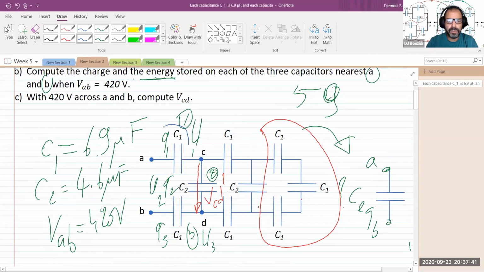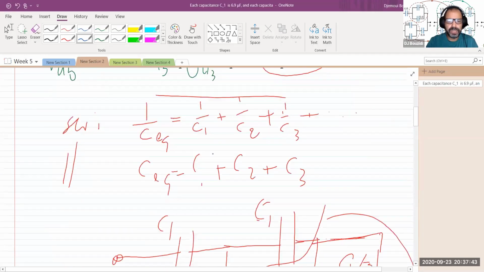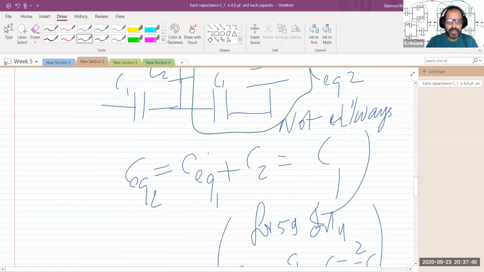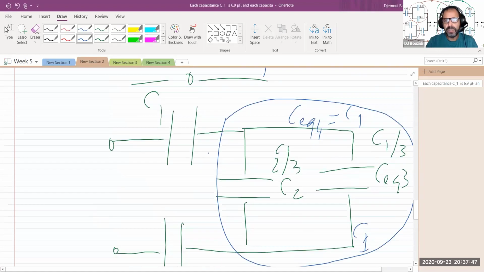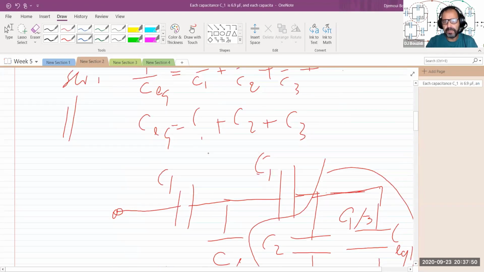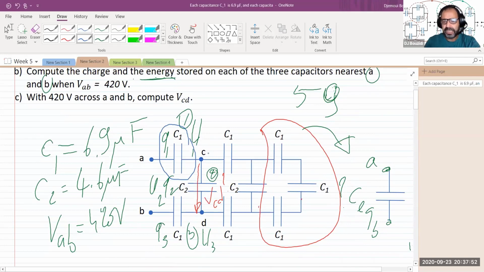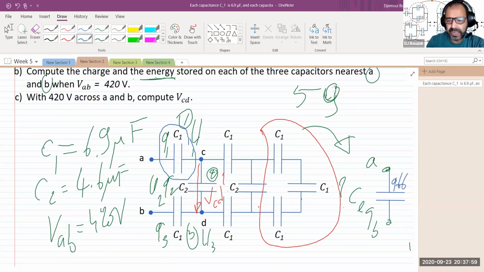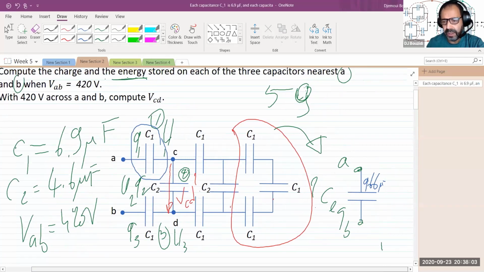Since we found the C equivalent, let's go back to our circuit to see how it looks. We have 420 volts between point B and point A. And we have 966 microcoulombs on one side, and negative 966 microcoulombs on the other.